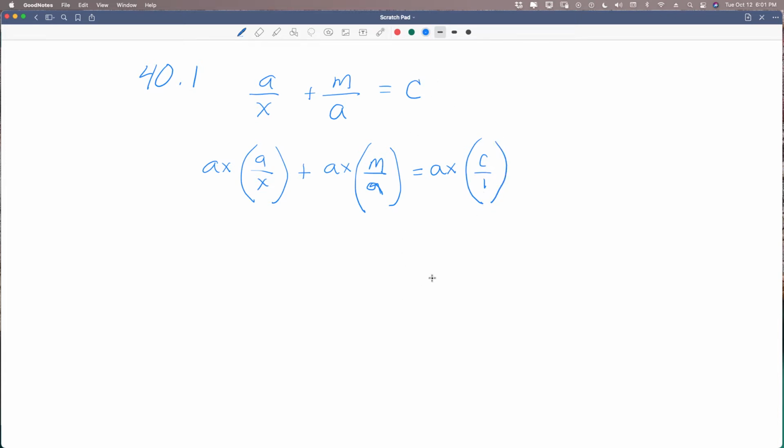So we put it over 1 to make it a fraction. So what happens is, it's the same thing that happens whenever we find a common denominator with numbers. These two will cancel out.